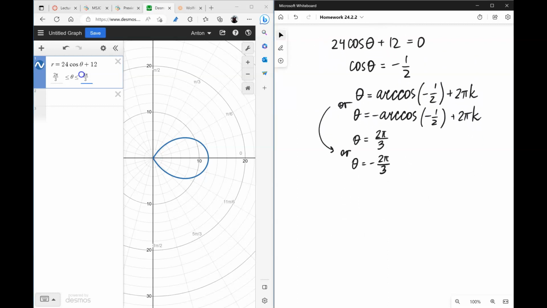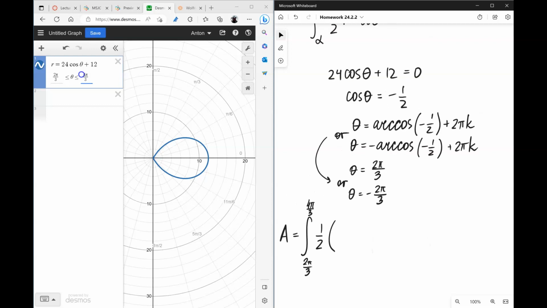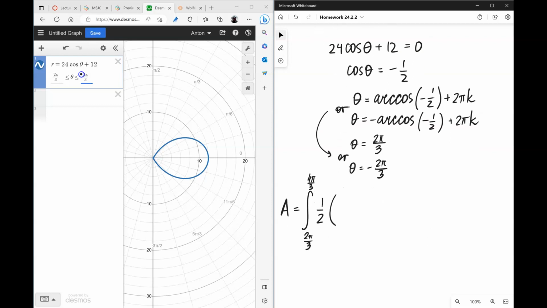To find the area, we're going to integrate between 2 pi over 3 and 4 pi over 3 of 1/2 r squared, and r squared is (24 cosine theta plus 12) squared d theta.